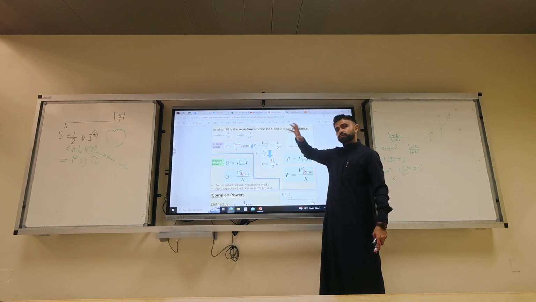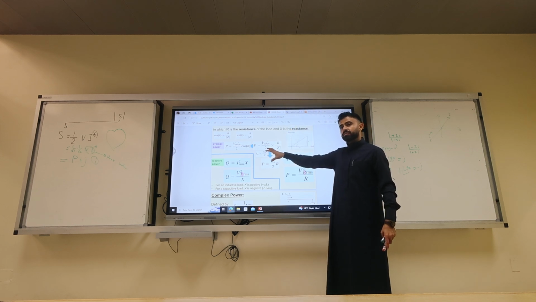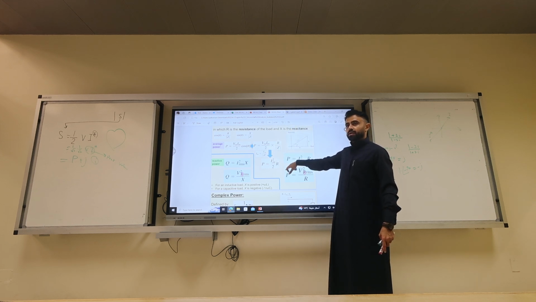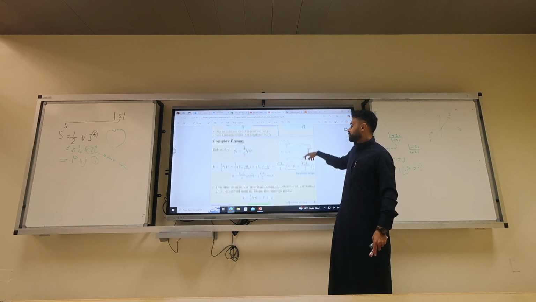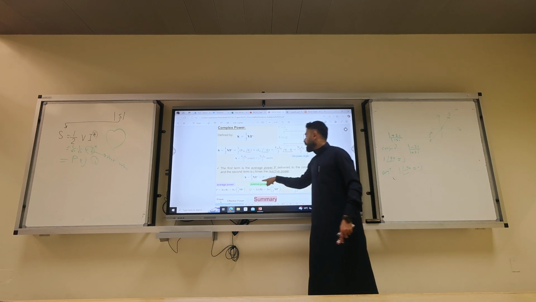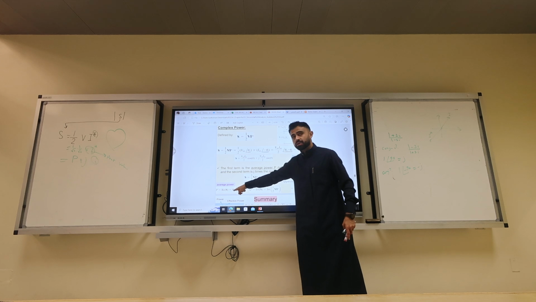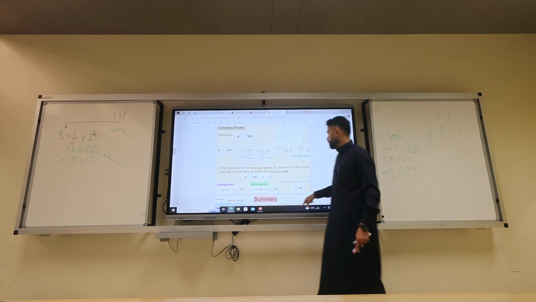Because 1 over square root of 2 for the RMS value of the voltage, 1 over square root of 2 for the RMS value of the current. Okay? So the average power is the real part, the reactive power is the imaginary part. There is a command in Python or MATLAB for real and imaginary.